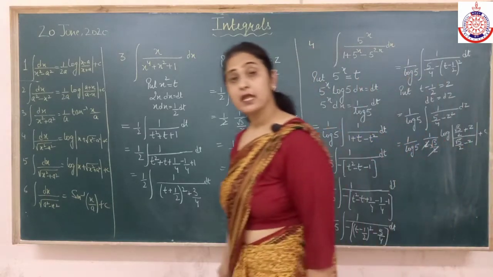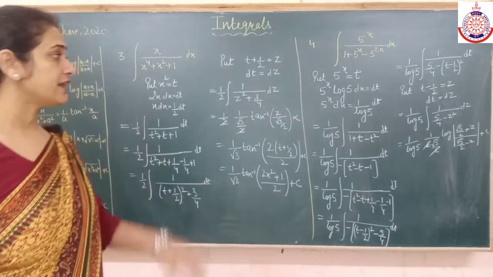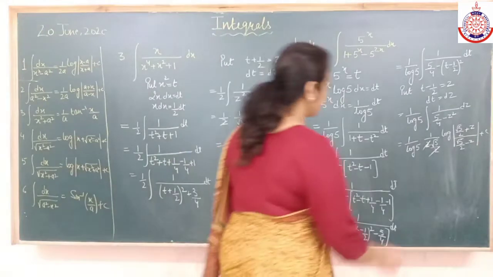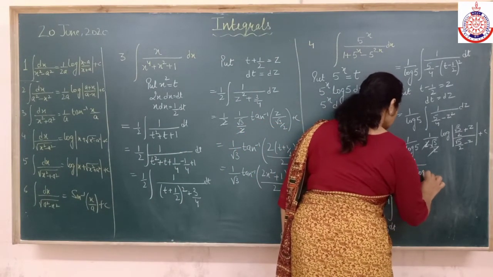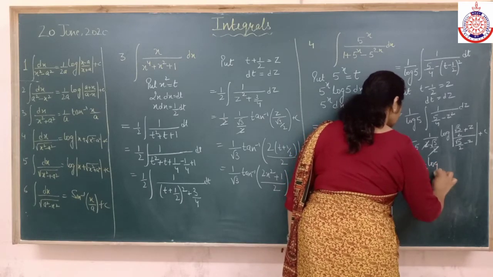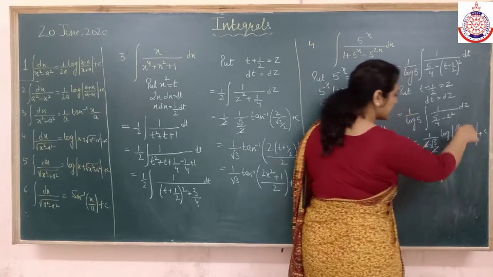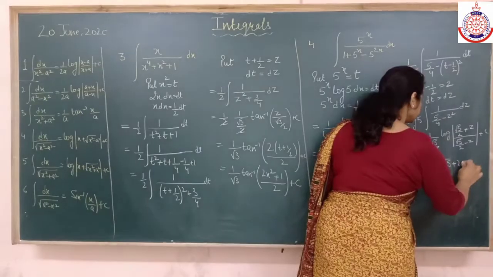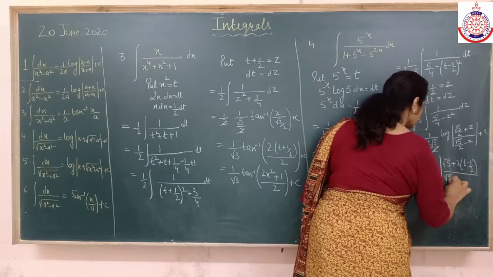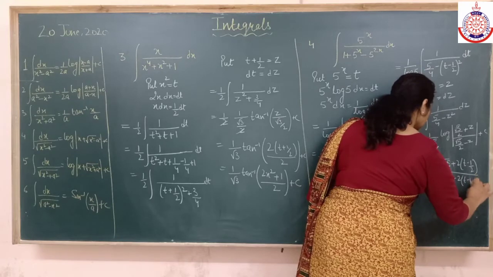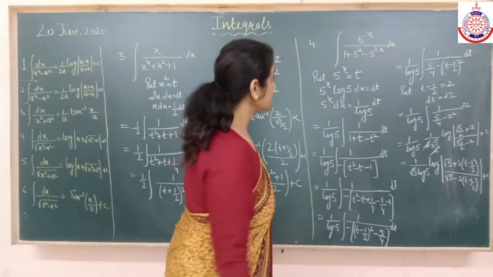Alright. Put the value of z in terms of t first of all, then put the value of t in terms of x. I'll take the LCM also side by side. Put the value of t.